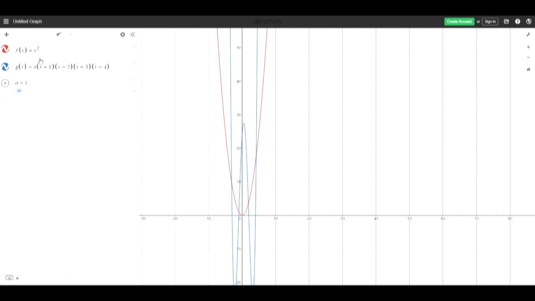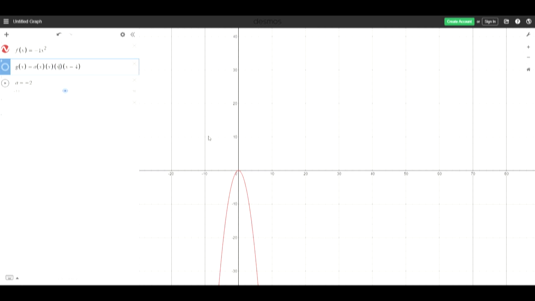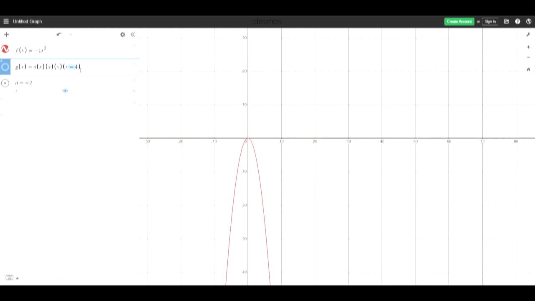And just like before, what happens if I have a negative a? Let's make this into a negative a. Whoa, I have my reflection over the x-axis. I know it's harder to see here, but my end behavior is still the same.